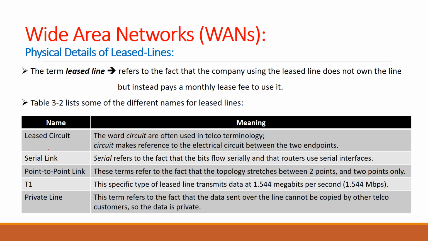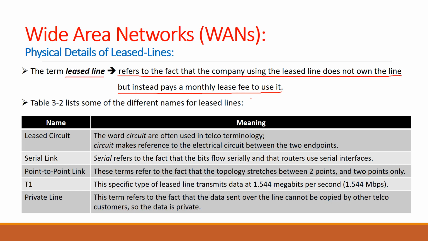So let's define the term leased line. It refers to the fact that the company using the leased line does not own the line, but instead pays a monthly lease fee to use it.